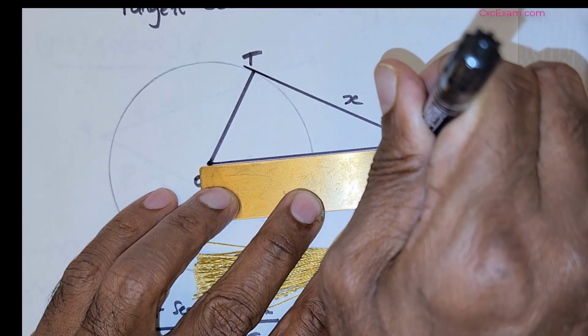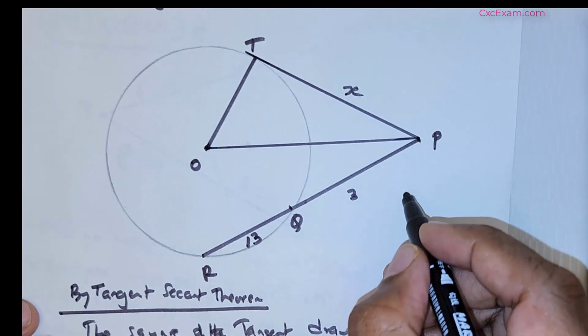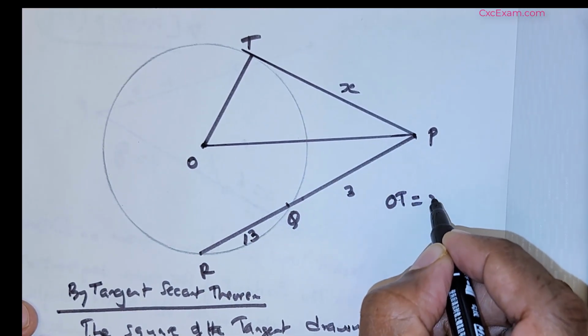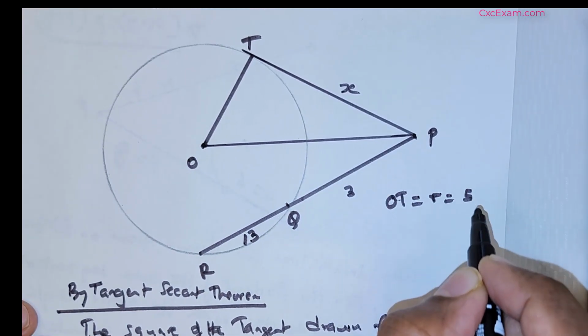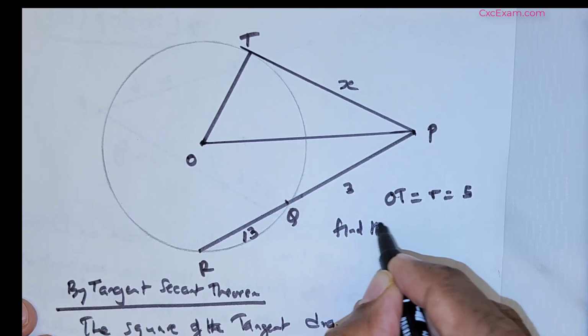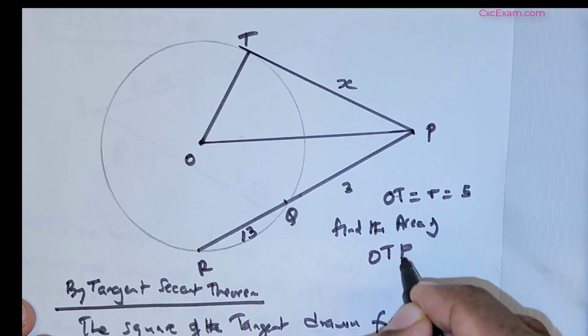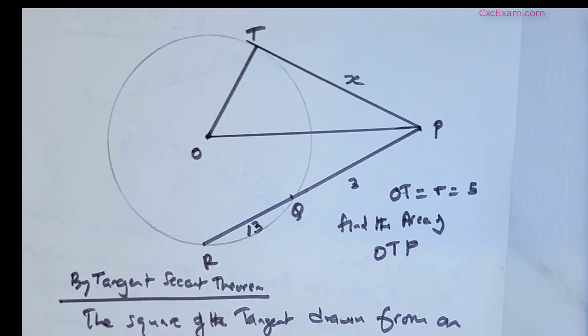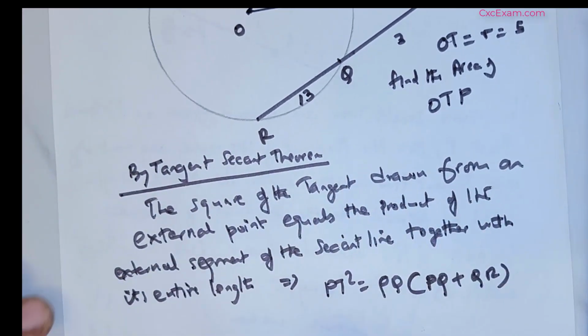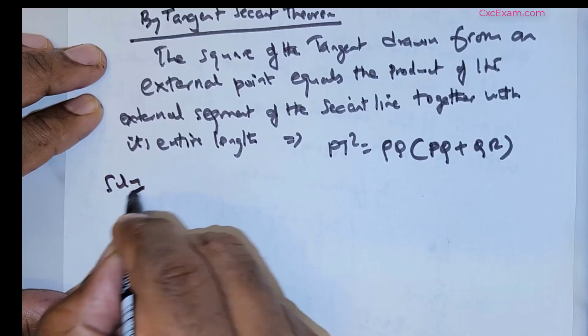OT is a radius which is given as 5 units. We are asked to find the area of OTP. Now, how are we going to do this? Let me show you the solution.